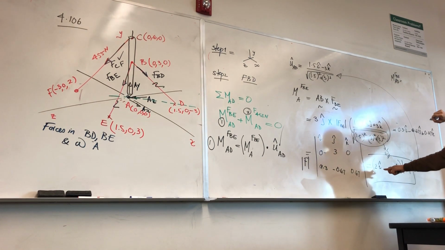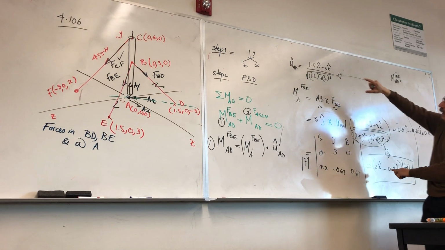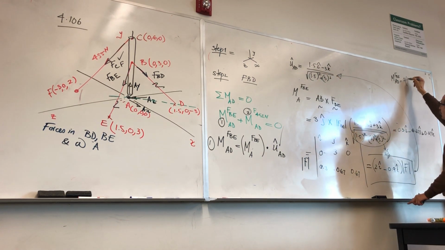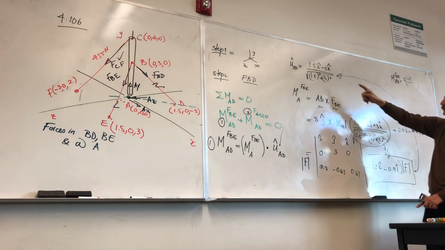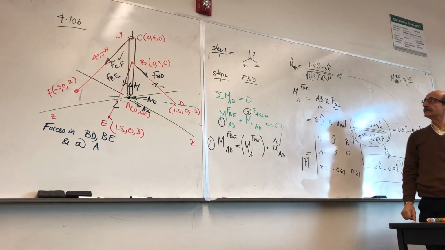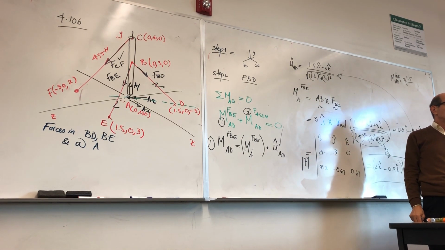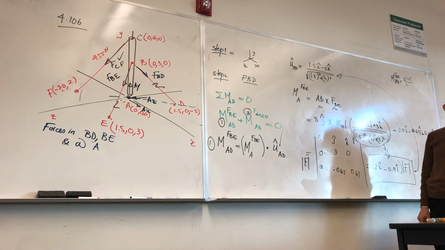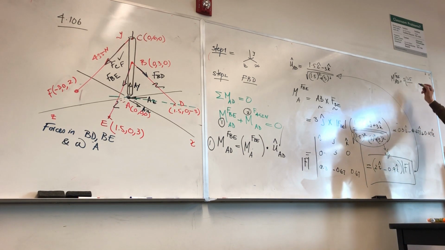It would be 2 times, you only have this, right? So you have 2 times 1.5 over, what is this one? This square root. 9 plus 2.25, 11.25, square root of 11.25, 3.4. So this would be 3.